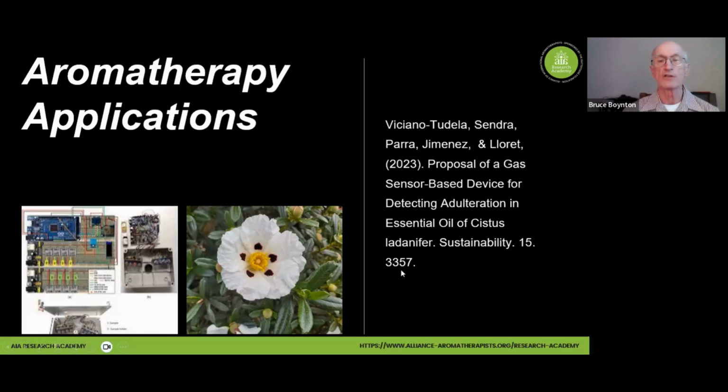Cistus ladanifer is a form of rock rose. What these authors did was take some essential oil and add extra jojoba, or take essential oils and add synthetic ingredients and so forth and so on. And then they used the confusion matrix to determine how good their device was at detecting adulteration.